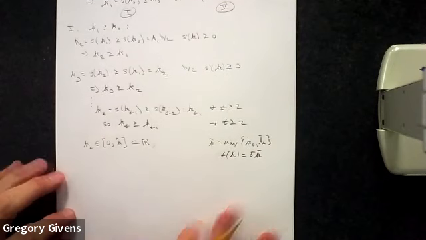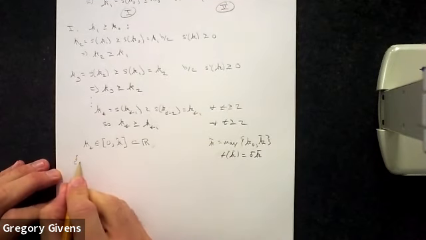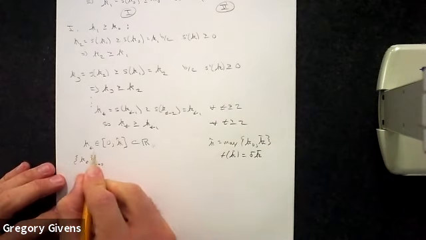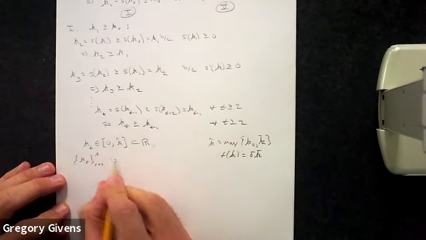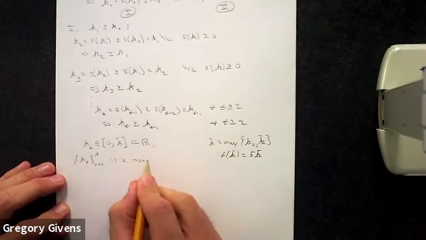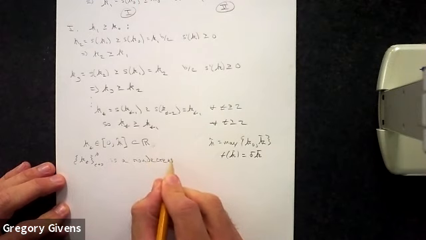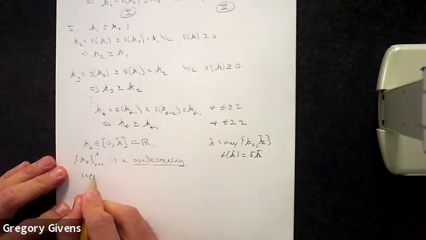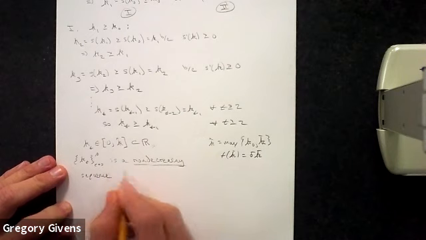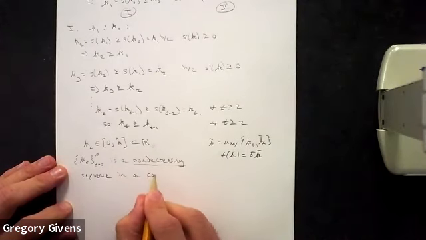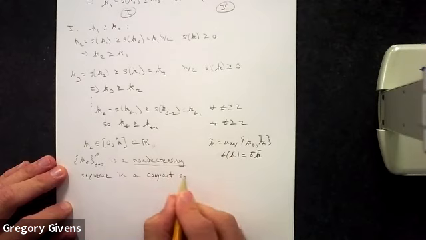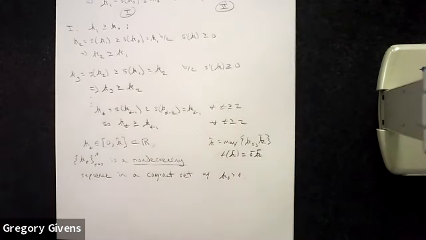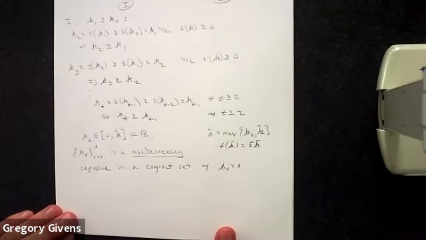So what have we shown here? The sequence K_t from t equal to 0 to infinity is a non-decreasing sequence in a compact set with initial capital bigger than 0.